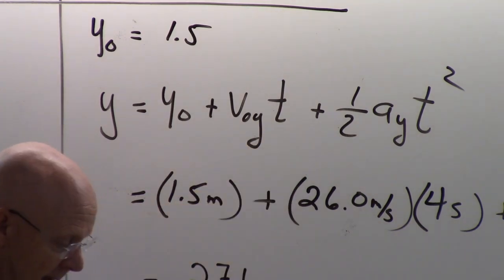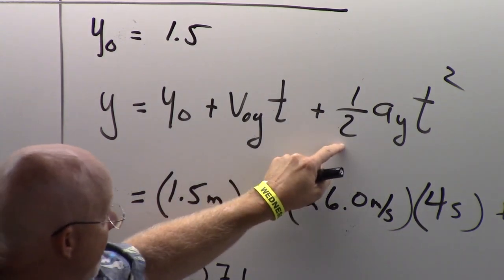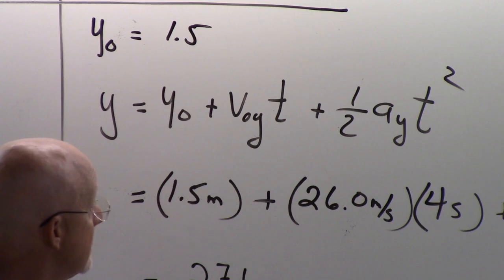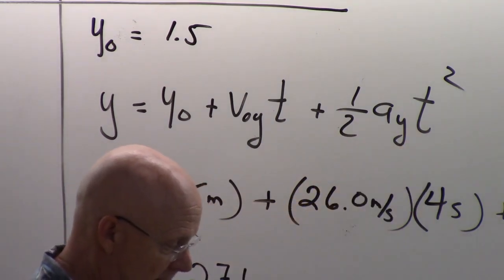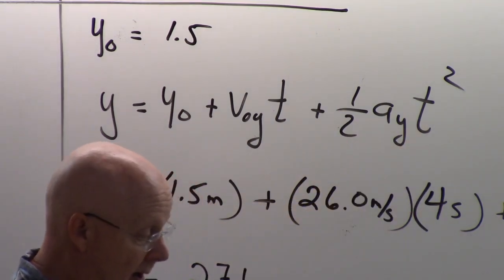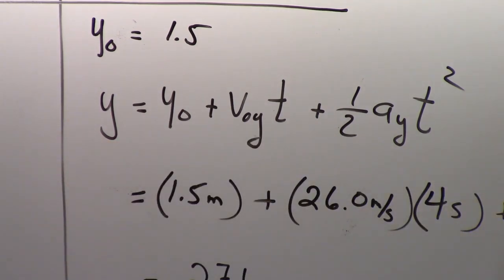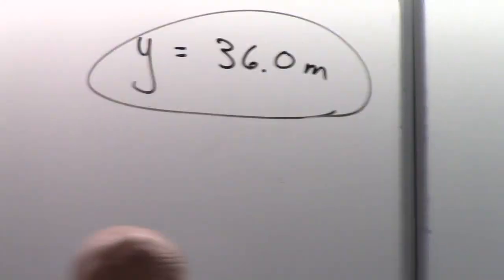Okay, then plus 1/2, then times a negative 9.8, then multiplied by the last answer squared, and I get 36.0 meters for its maximum height.